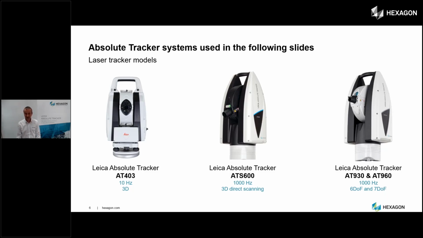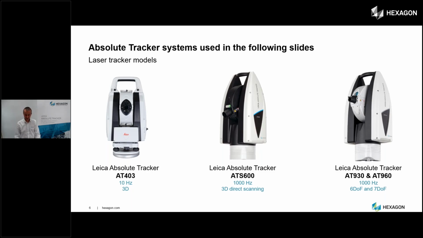And then we have the 8930, 8960, in a way our flagship model. The system can measure up to 1000 Hertz, and can also measure so-called six degrees of freedom. So what you see next in the accessories, it can measure on our T-Probe and scanners to be able to scan surfaces of objects in a large volume in much more resolution.